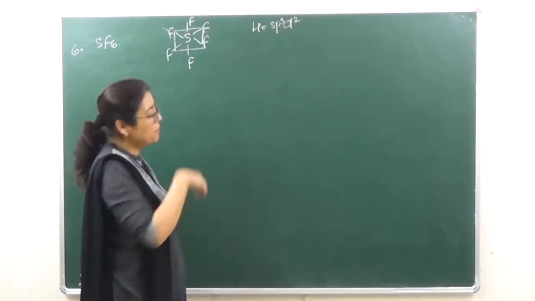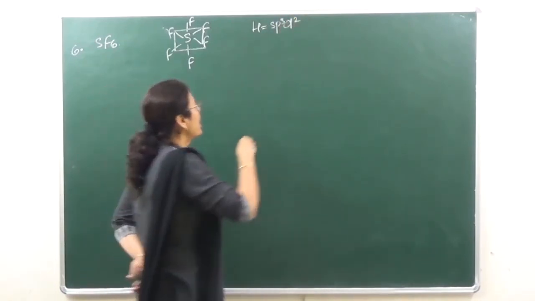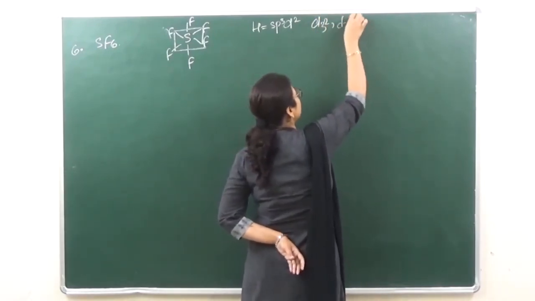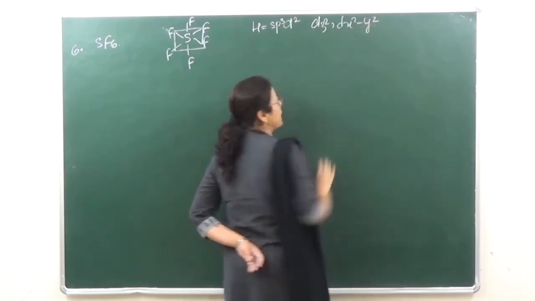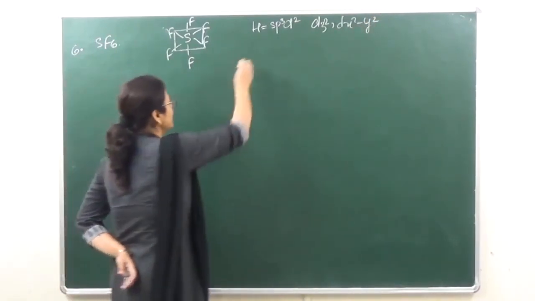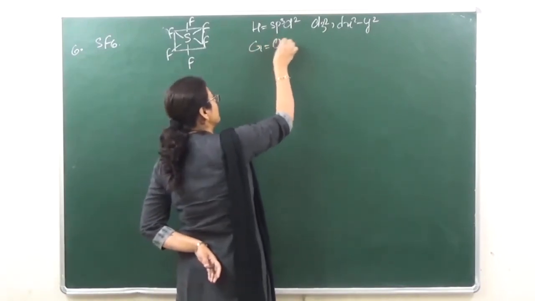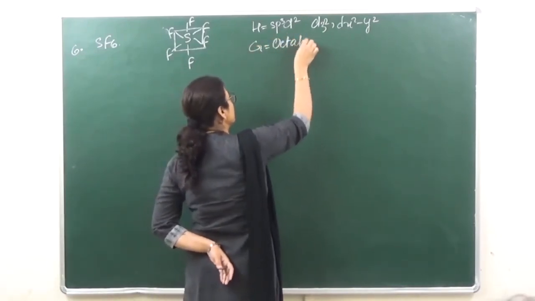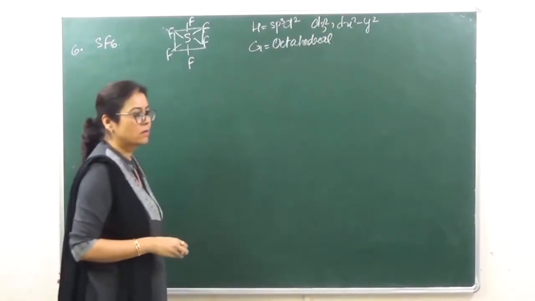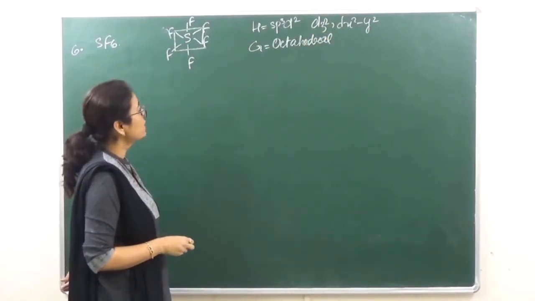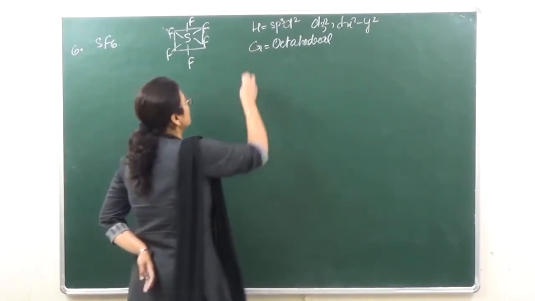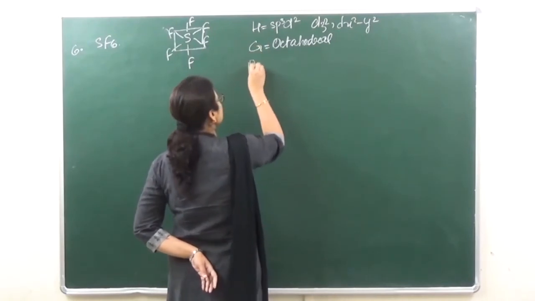The d orbitals participating here are dz square and dx square minus y square. Okay, geometry is going to be octahedral, and then we have bond angles.